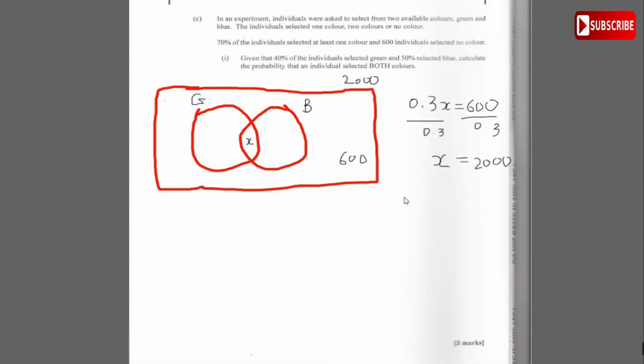All right, so what they're telling you is 0.7 times X is 1400.